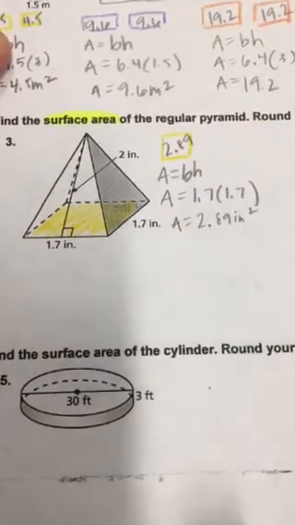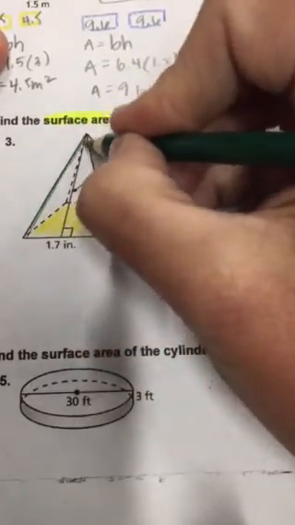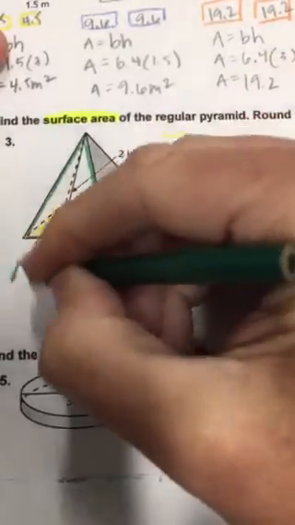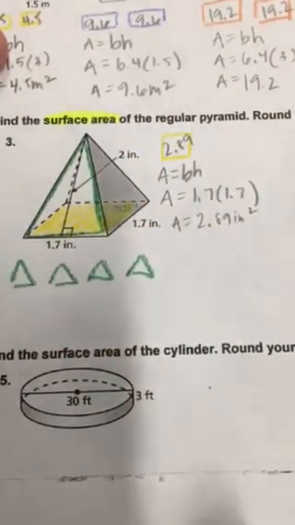Now I have a square, which means I have 4 triangles to deal with. So I'm just going to look at this one. I'm going to highlight it green, but down here I'm going to draw 4 because there are 4 of them.